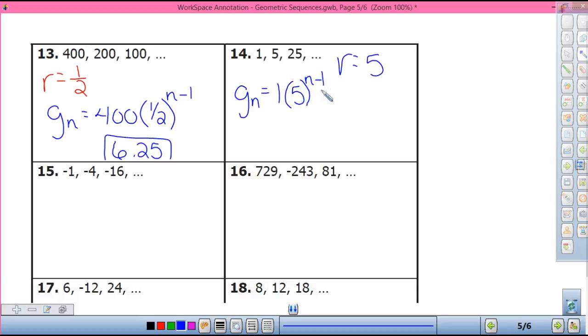When you're figuring it out, you can put a 6 in there. So 5 to the 6th power is 15,625 times 1 is 15,625.